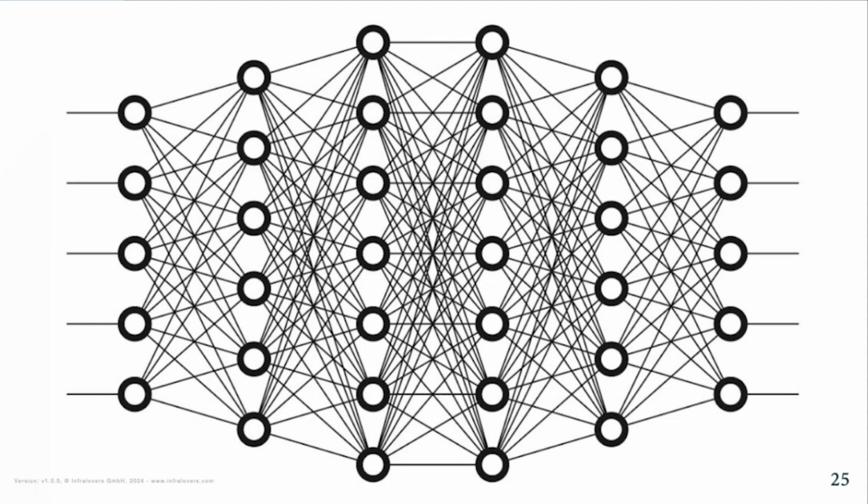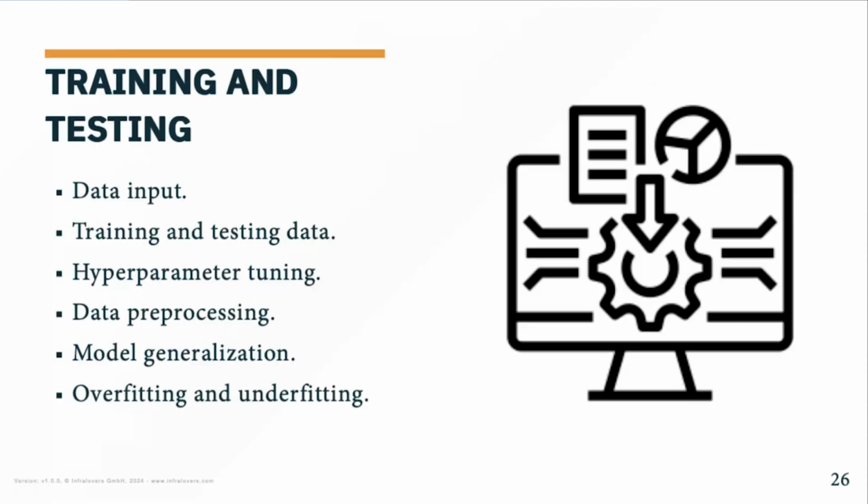So deep learning is a key driver behind many of the advanced AI applications we see today. And it's what powers technologies like self-driving cars, virtual assistants, or even large language models we're discussing in this very workshop. However, when building machine learning models, it's not just about creating the model itself and we are done.